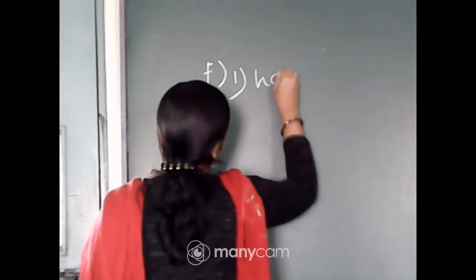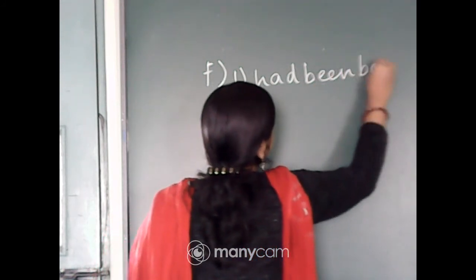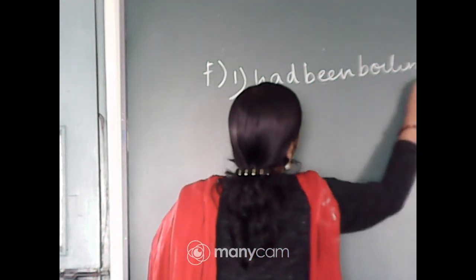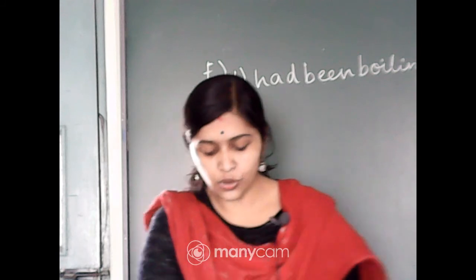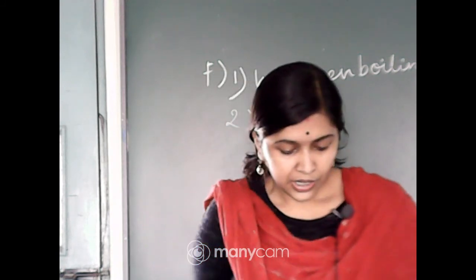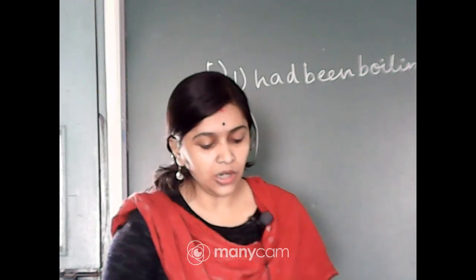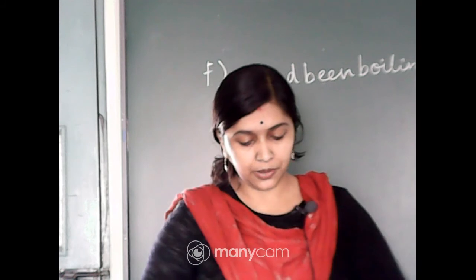Let me just write 1 or 2, rest you can write it. Number 2, the birds had been soaring. Number 3, John had been mowing the lawn. Number 4, father had been reading the newspaper.